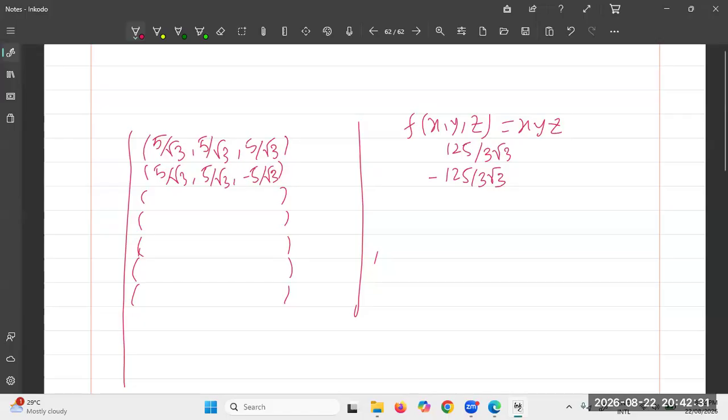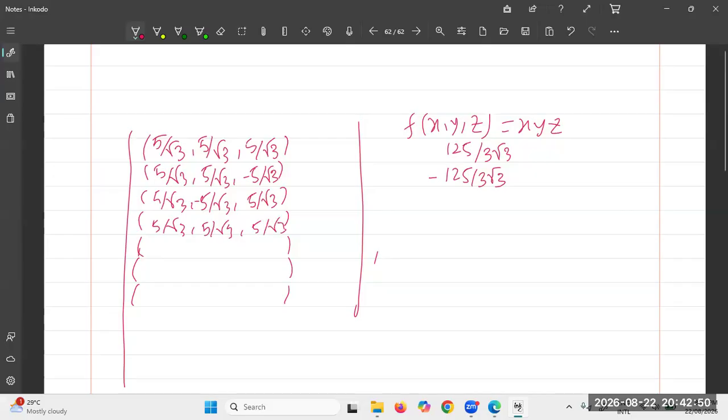So after putting in all 8 different combinations, the remaining combinations may be 5 divided by root 3, comma, 5 divided by root 3, and so on.